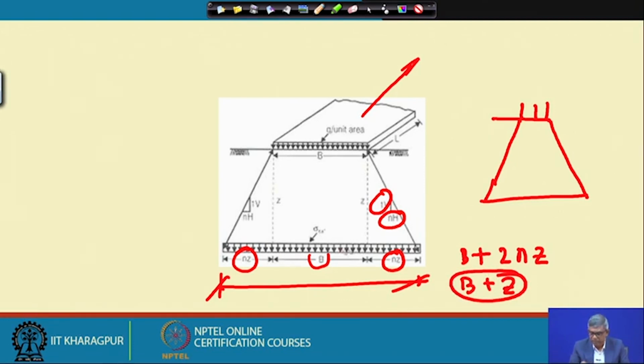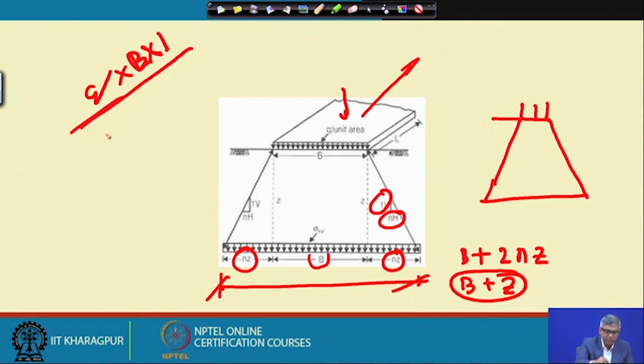So that means I can consider the widening of the footing. Suppose at this depth whatever q was there, it is q multiplied by some footing area, length into B, and suppose I take a unit area, that was the load. At this depth it will be the same load divided by the area, which will be changing.